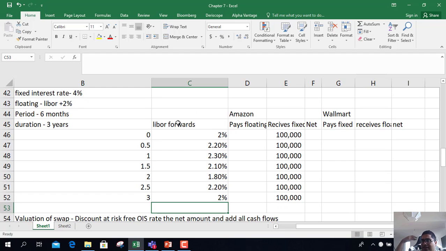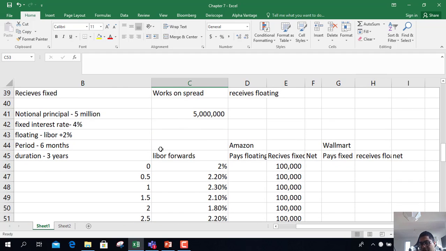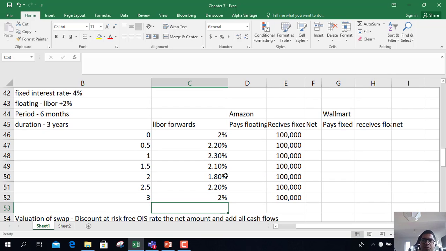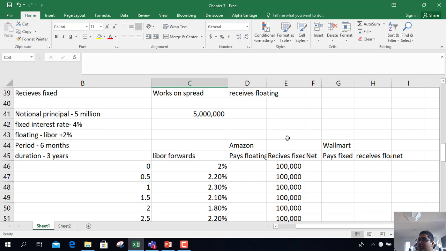So forward rate is the expected rate in the future. So these are the projections. Let's say these projections come true. It's going to receive fixed and pay floating. So how much will be the payments for Amazon?